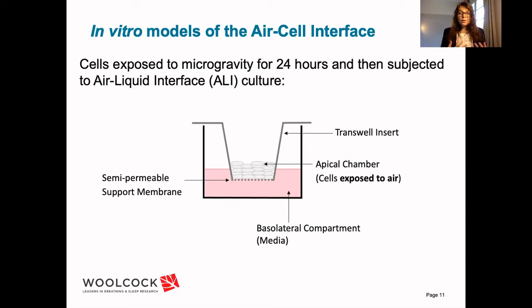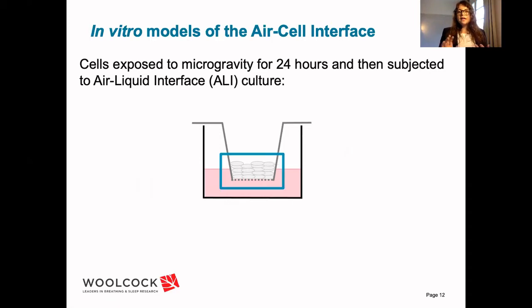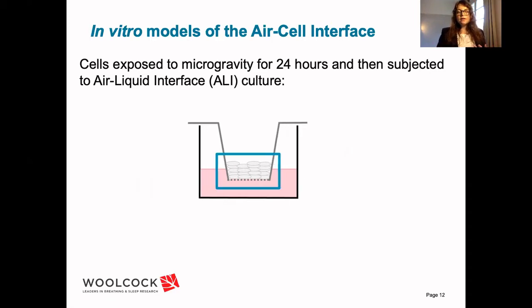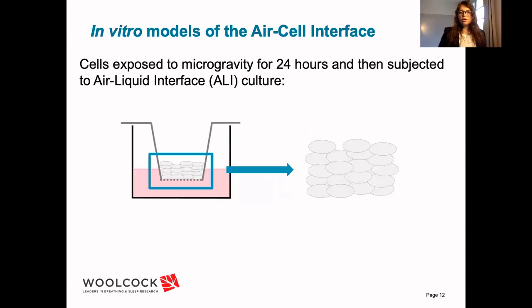So if we take a closer look at this cell compartment, what I want to show you is kind of what happens throughout these 21 days. So in order to fully recapitulate the air-cell interface that we see in vivo in the nose, what we want to see throughout that 21-day period is the differentiation of those epithelial cells to goblet cells.